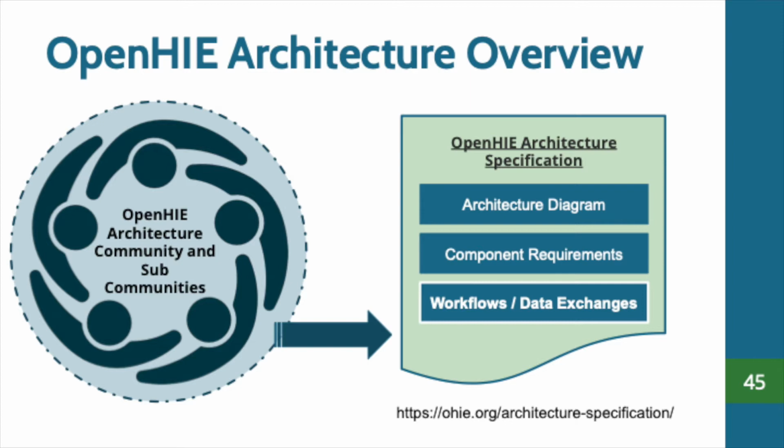The architecture specification is expected to evolve over time, but includes the following components: the high-level architecture diagram, which specifies the components, the patterns and standards for data exchange between components, which we will discuss in this module.